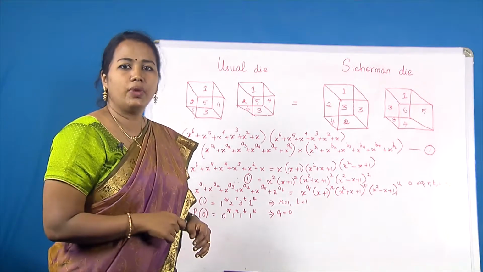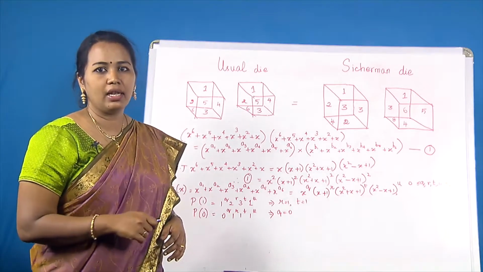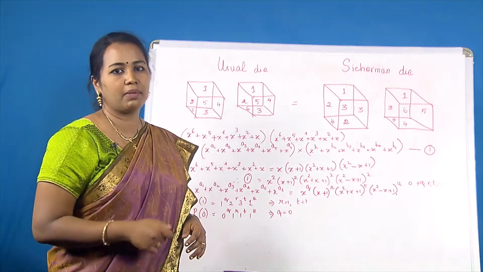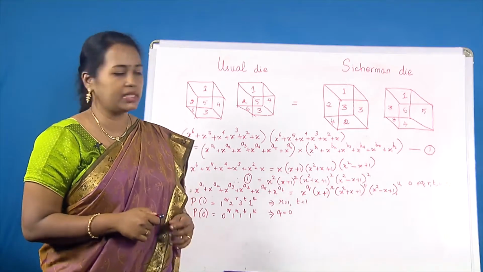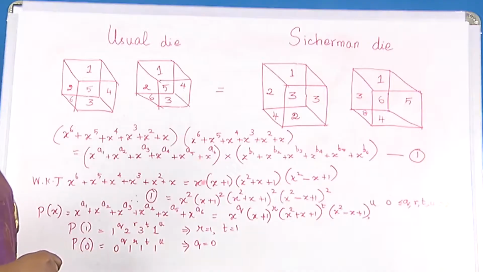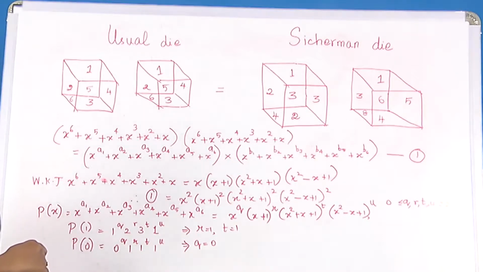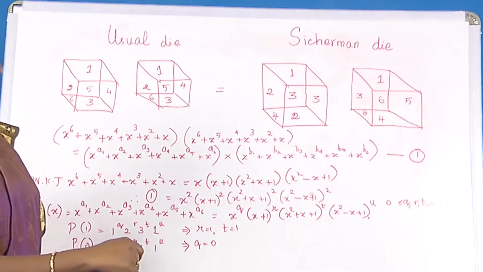Now, this is where unique factorization in Z[x] comes into play. The polynomial x^6 + x^5 + x^4 + x^3 + x^2 + x factors uniquely into irreducibles as x(x + 1)(x^2 + x + 1)(x^2 - x + 1). So, this can be written in only this product of irreducibles.